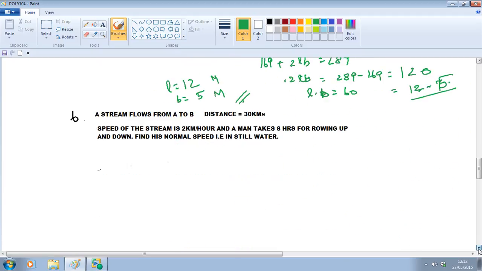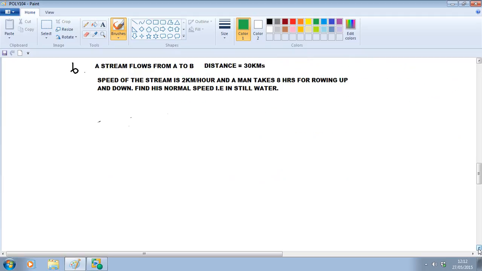So we'll do one more problem. In this, a stream flows from A to B. Distance is 30 kilometers. A small boat, a man takes. Speed of the stream is 2 kilometers per hour. The man takes 8 hours for rowing up and down. Find his normal speed in still water.